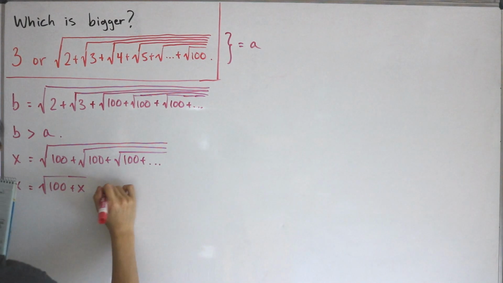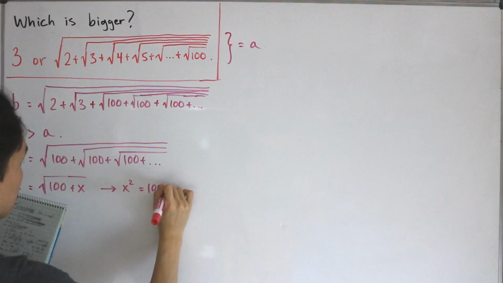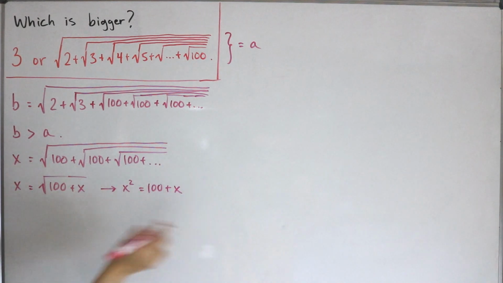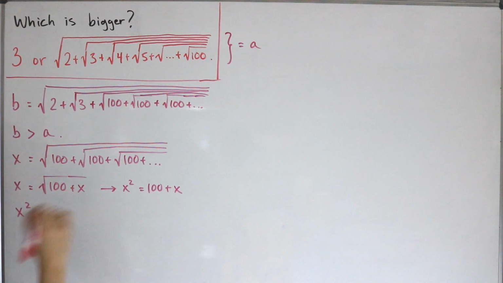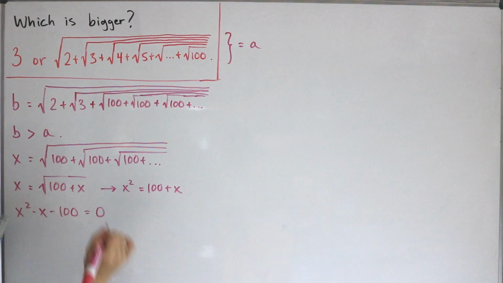Of course, we can solve this: x squared is equal to 100 plus x, which is a quadratic polynomial, x squared minus x minus 100 equals 0.